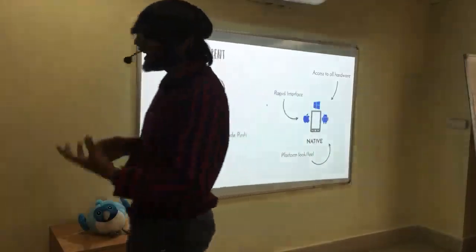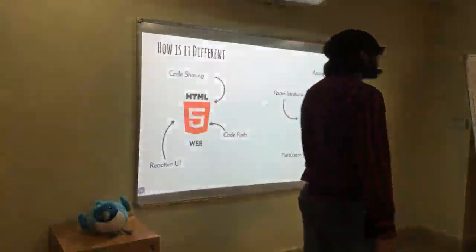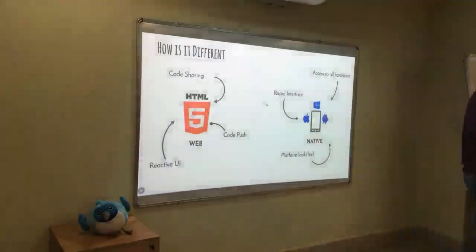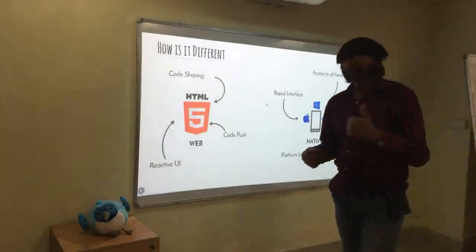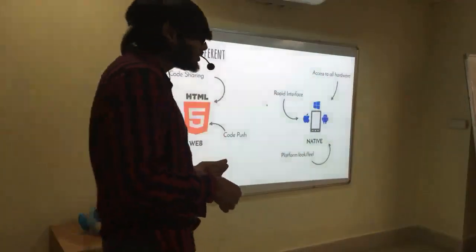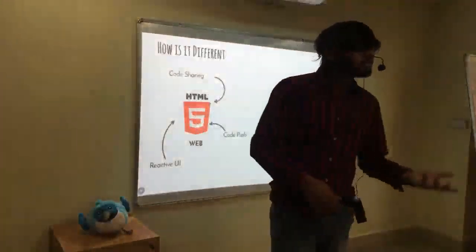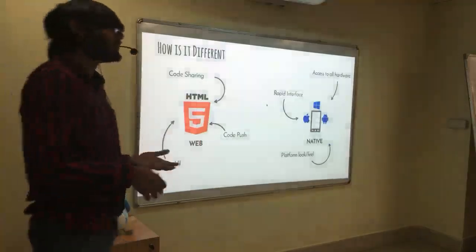Another good thing for web development is code push. You are not bound by the rules and regulations of any third-party platform like the Play Store or the iOS App Store. So it's easy, you just write your code and push it on the website.